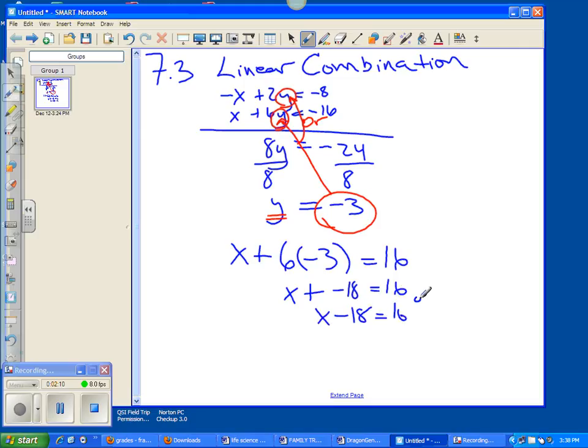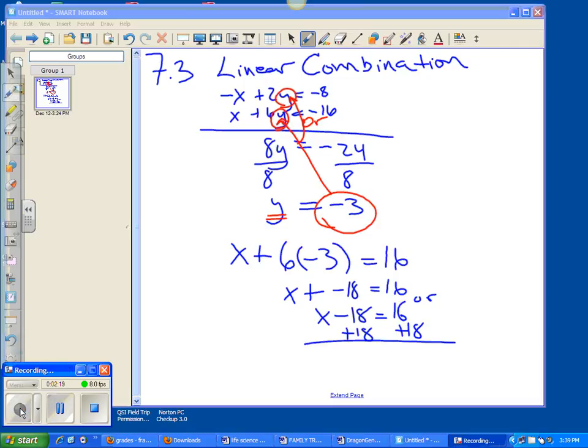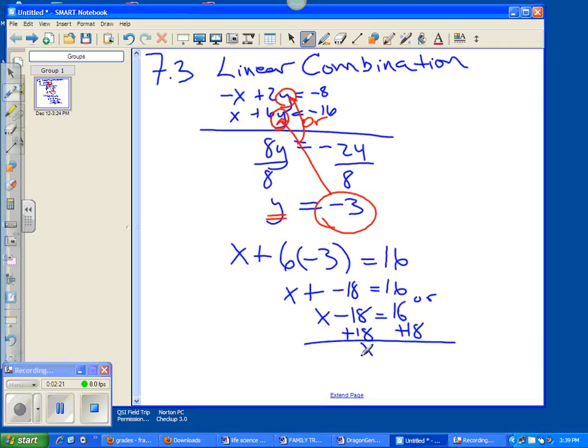Now I isolate the variable x by adding 18 to both sides, which now gives me x is equal to 34. So my solution in this case is 34, I think I made something wrong here, comma, negative 3.